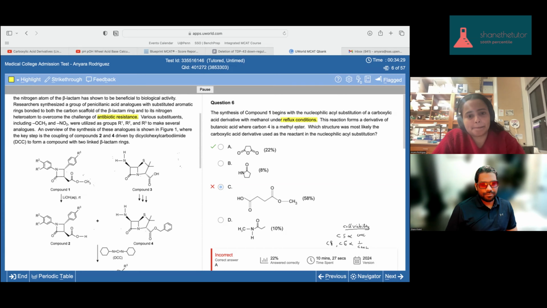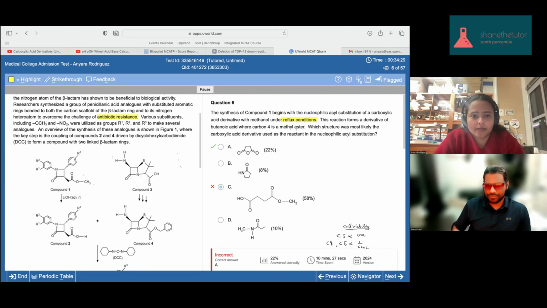So essentially this means that you can conduct a chemical reaction at high temperature, which can help increase the rate of that reaction. So that's what the reflux is.